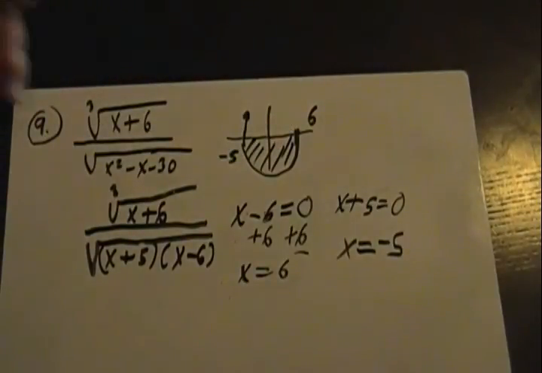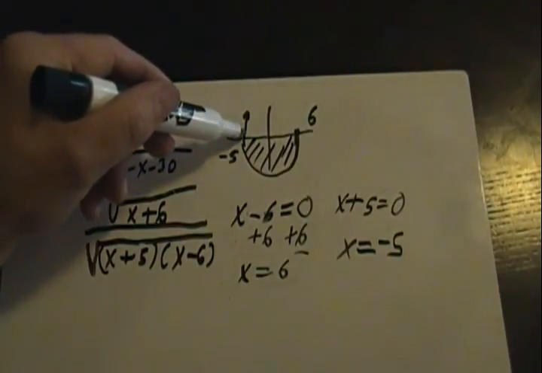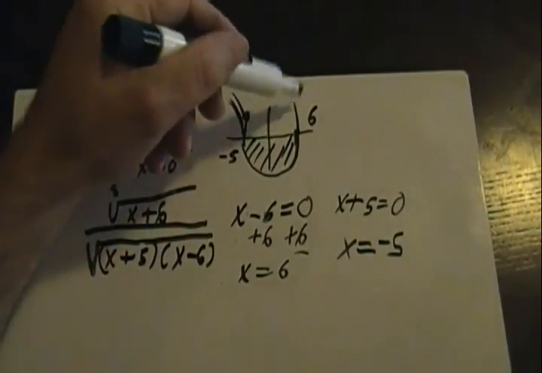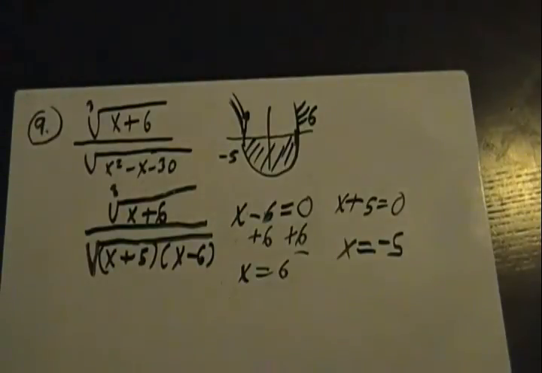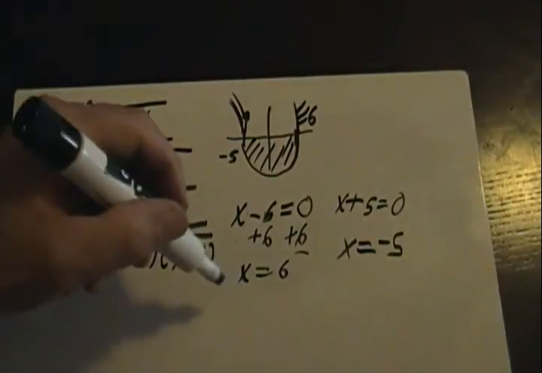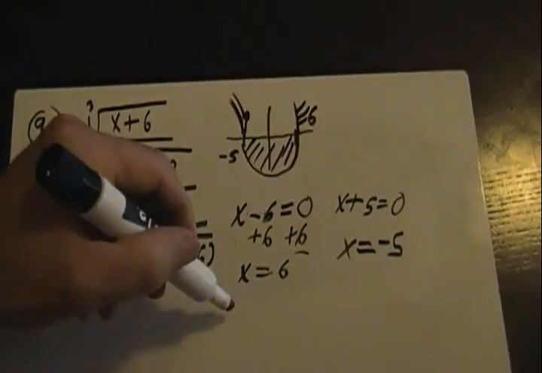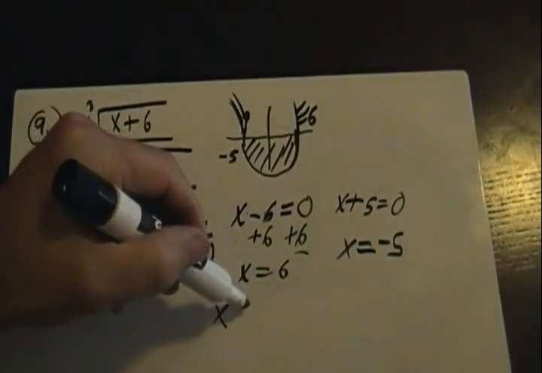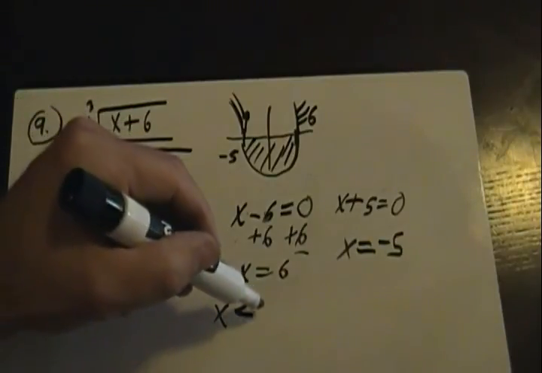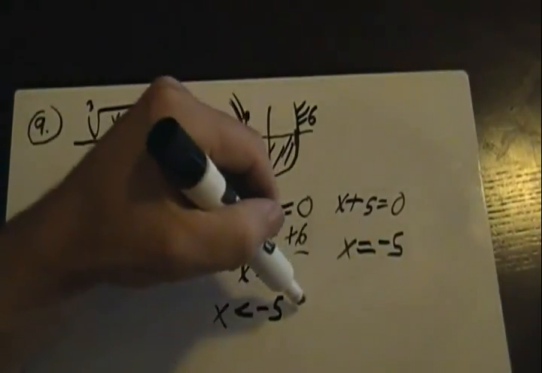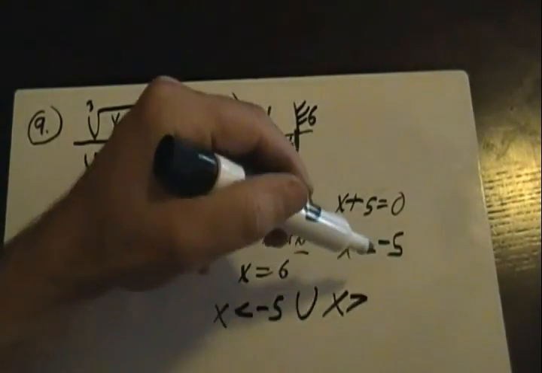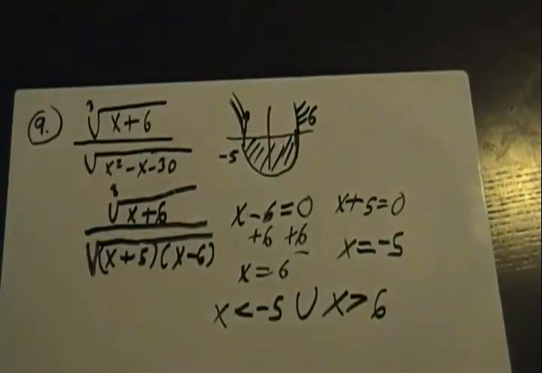Another way to think of this is, when is this function going to be valid? Well, that's anything that is less than negative 5 over here, and when it's greater than 6. So the preferred method on this would be to write the domain as follows: x can be less than negative 5, unioned with the set when x is greater than positive 6.